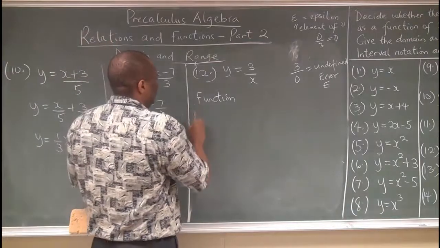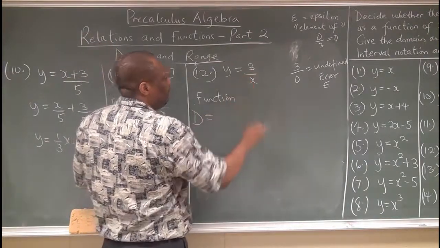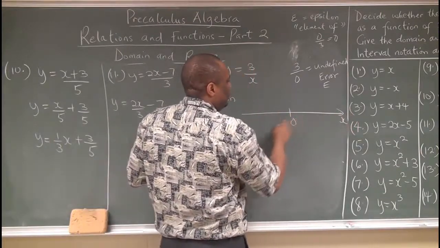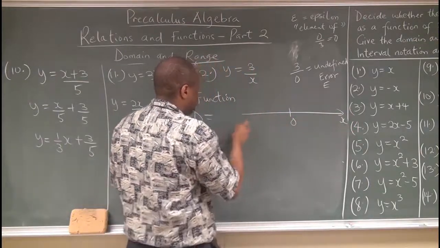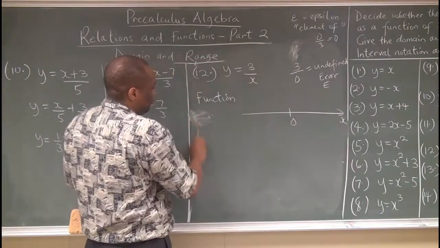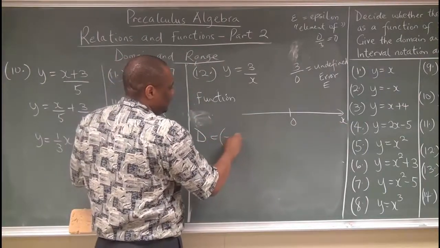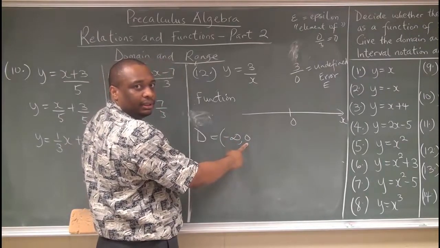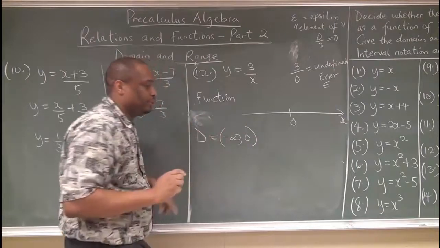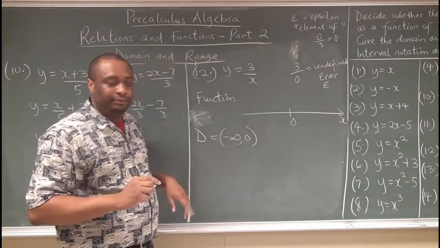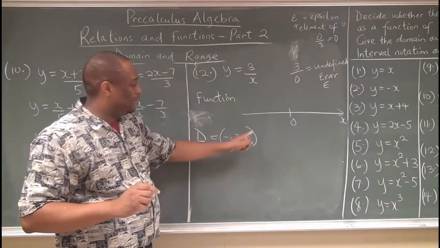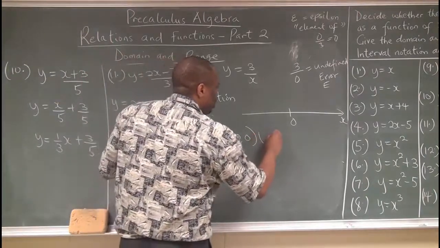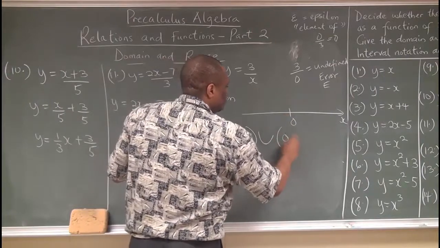So the domain, and this is how you can find the domain, will be from negative infinity up to 0. 0 will not be included, so you put an open interval, a parenthesis. Now, union from 0 to infinity.